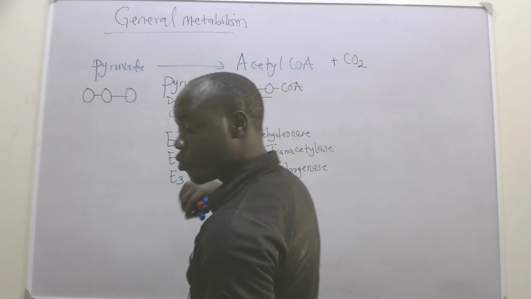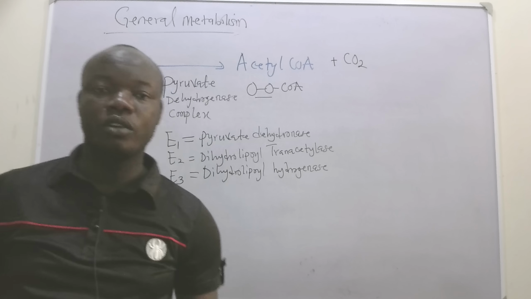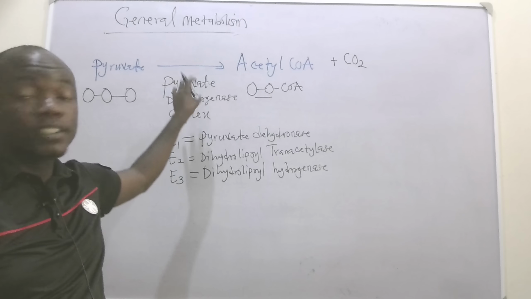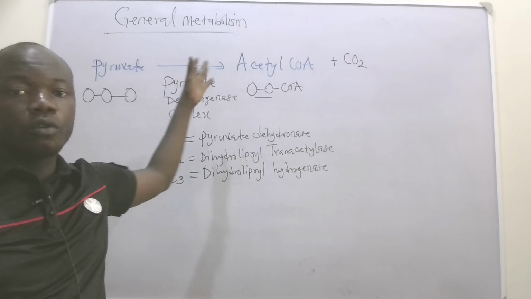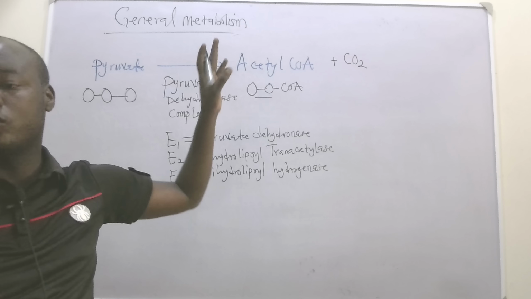These enzymes require a lot of cofactors and coenzymes for them to convert pyruvates to acetyl-CoA.